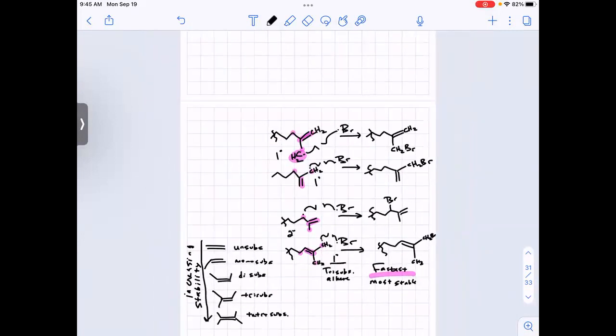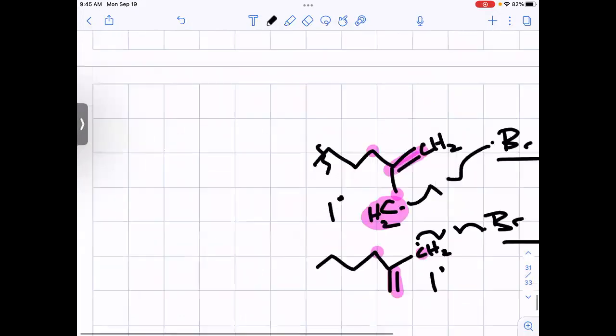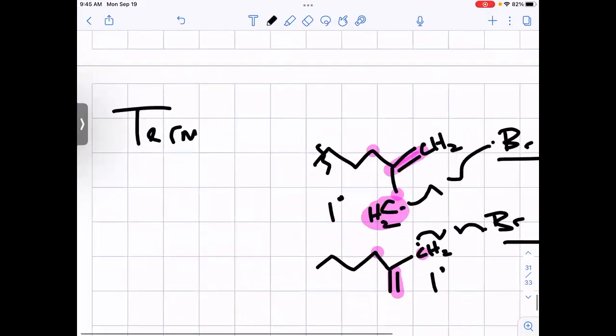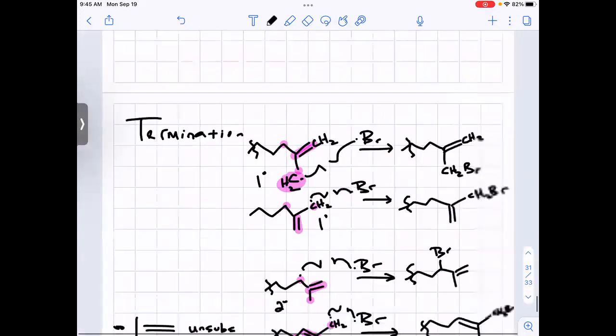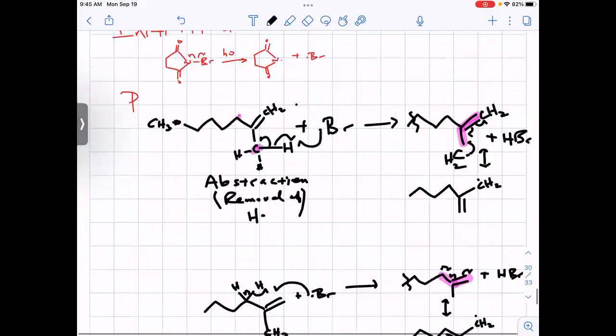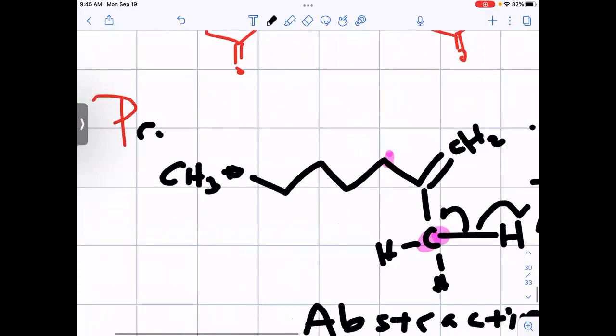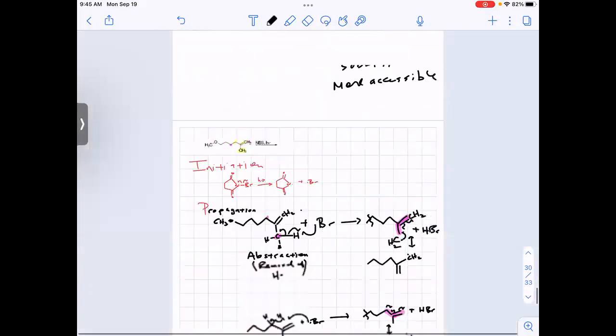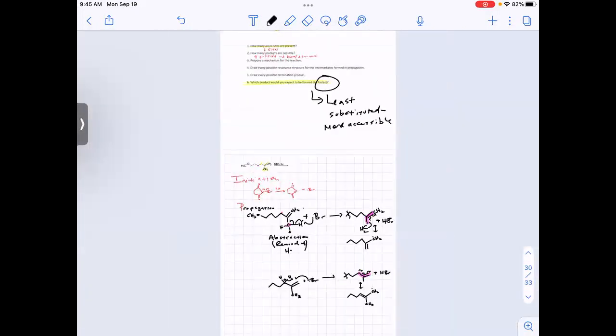And this is the termination step, sorry. All right. So that's this reaction, that's what happens. You have an initiation step, a propagation step, and a termination step.